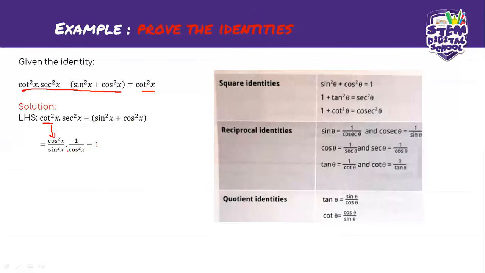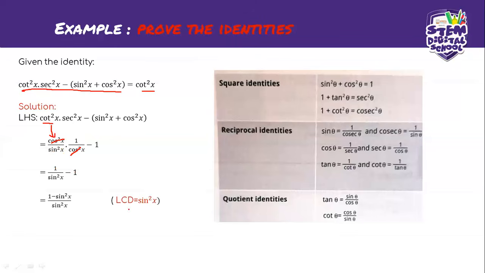Then you can see, because it's a multiplication here, this and this cancel each other. Once they've cancelled, on the numerator we are left with 1, and the denominator we are left with sine squared x, minus 1.